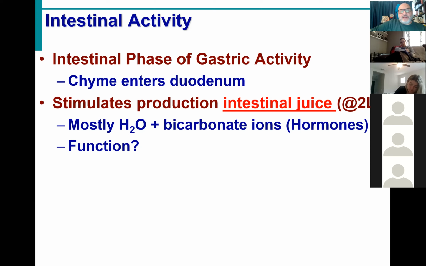This is mostly water, some mucin, and, as we talked about, bicarbonate ions. Those bicarbonate ions are going to neutralize the acidity. Again, this is an important chemical buffer.